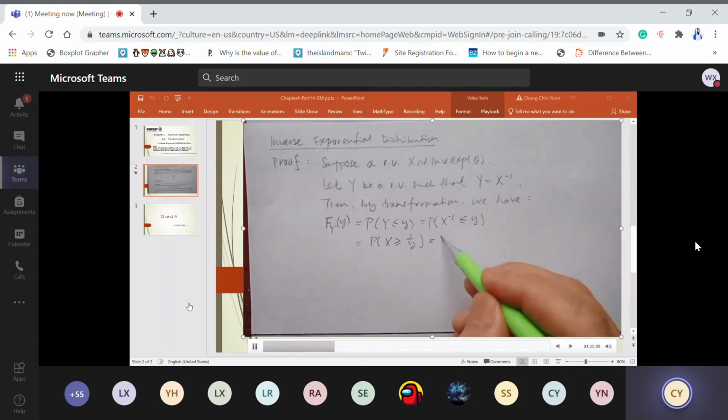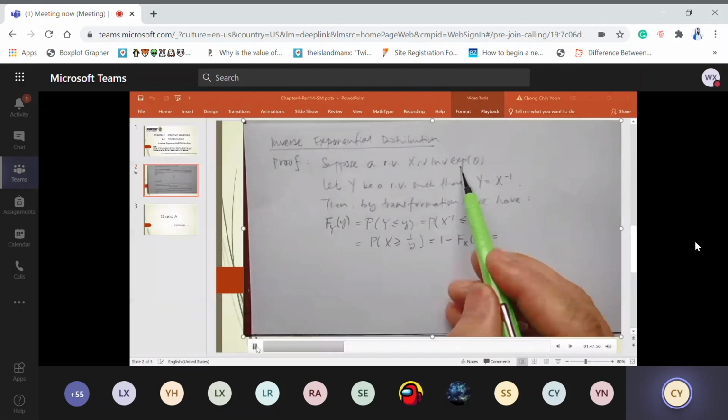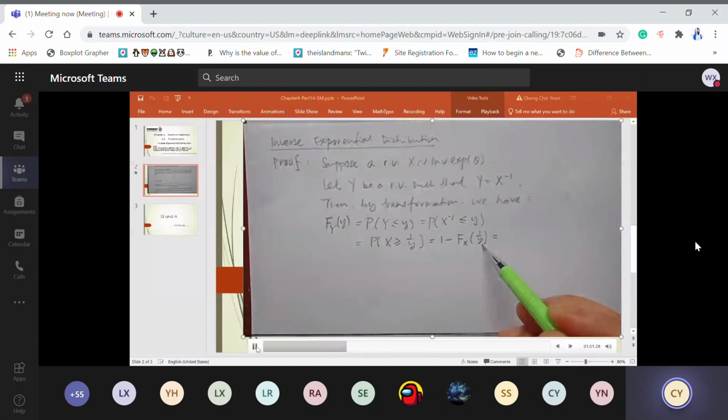And this will be equal to 1 minus the CDF at 1 over y based on x. Since x is an inverse exponential, we can get the CDF formula from table C, and so we have this result: minus theta, from this parameter, divided by the x value, that is 1 over y. And if we simplify, we will have 1 minus e to the power of minus y divided by theta to the power of -1.